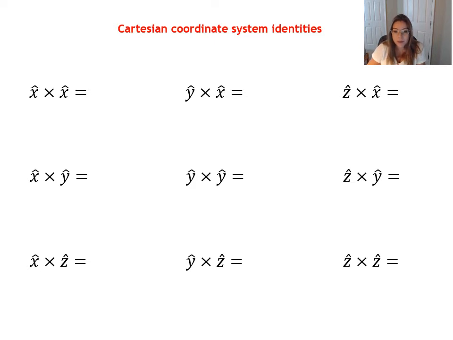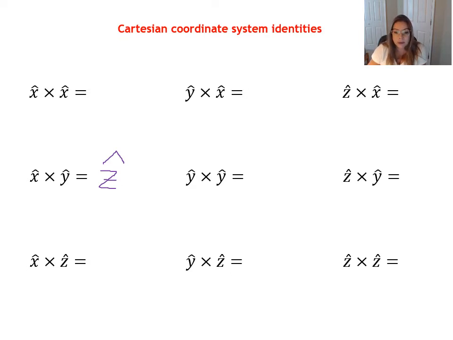We're going to understand and be able to generate all 9 of what the results of all of these cross products are. We already have a few of them. So remember the definition of the Cartesian coordinate system said that x crossed with y is z hat. So that's an easy one. That's just alphabetical order. There were 2 other ones that I gave you.